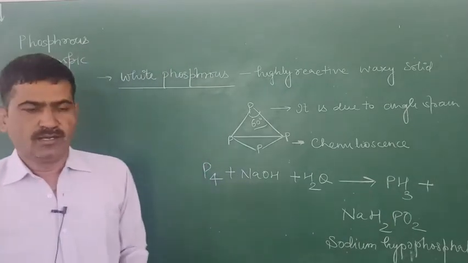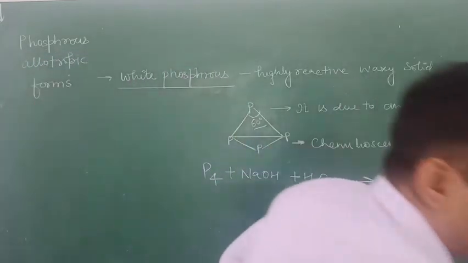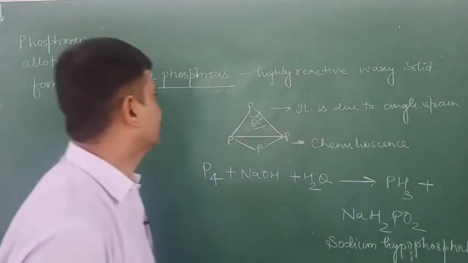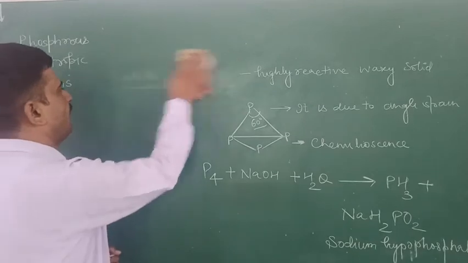Now, after this we will discuss the second allotrope, that is red phosphorus.